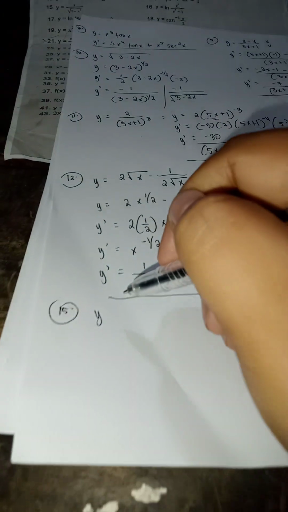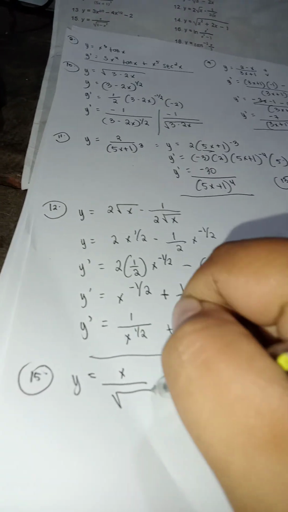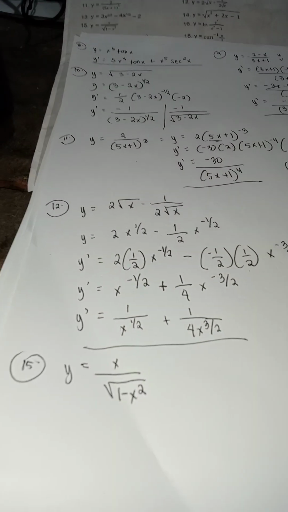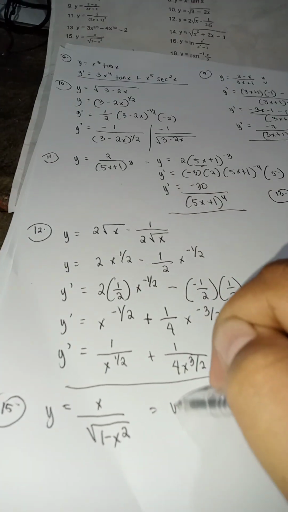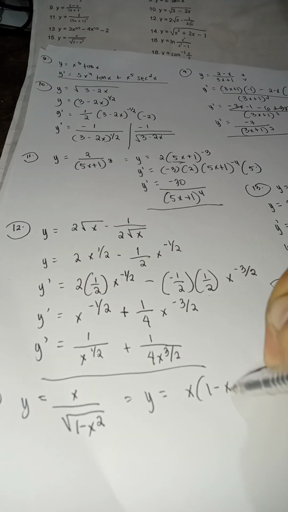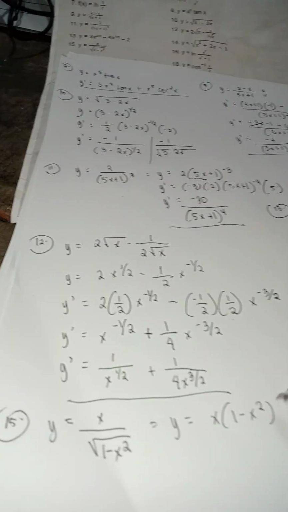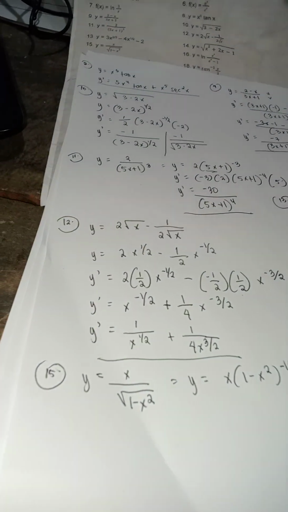Number 15, the problem is y is equal to x over the square root of 1 minus x squared. For this problem, number 15, we are going to rewrite it first. So y is equal to x times (1 minus x squared) to the negative 1 half, since it comes from the denominator.